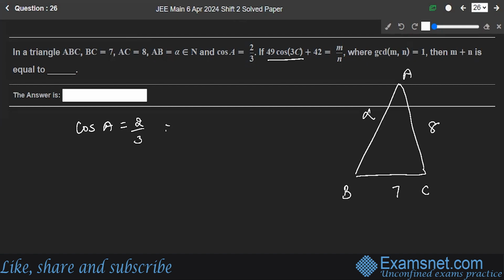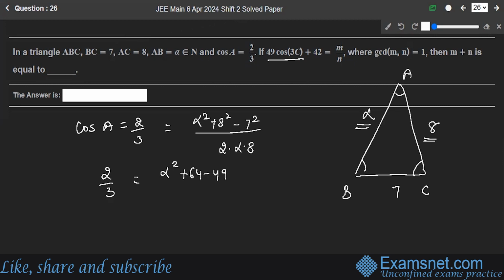You know, cos A is given by alpha square plus 8 square minus the opposite side square, divided by the product of 2 into the adjacent sides. So this is 2 by 3 is equal to alpha square plus 64 minus 49, over 2 into 8 into alpha, which is 16 alpha.